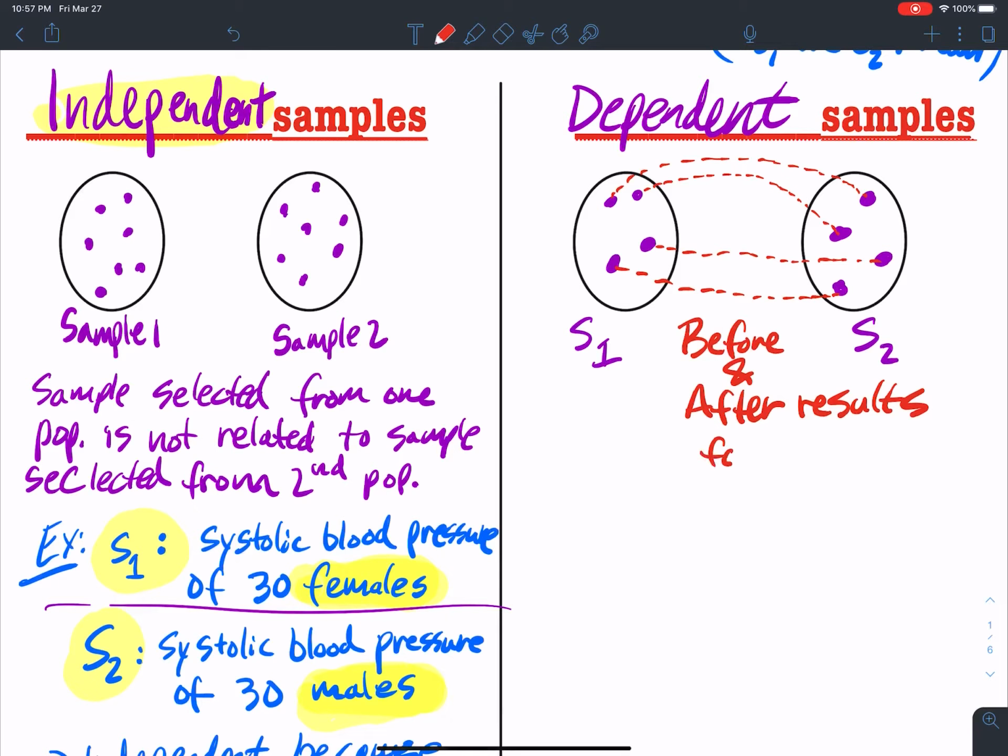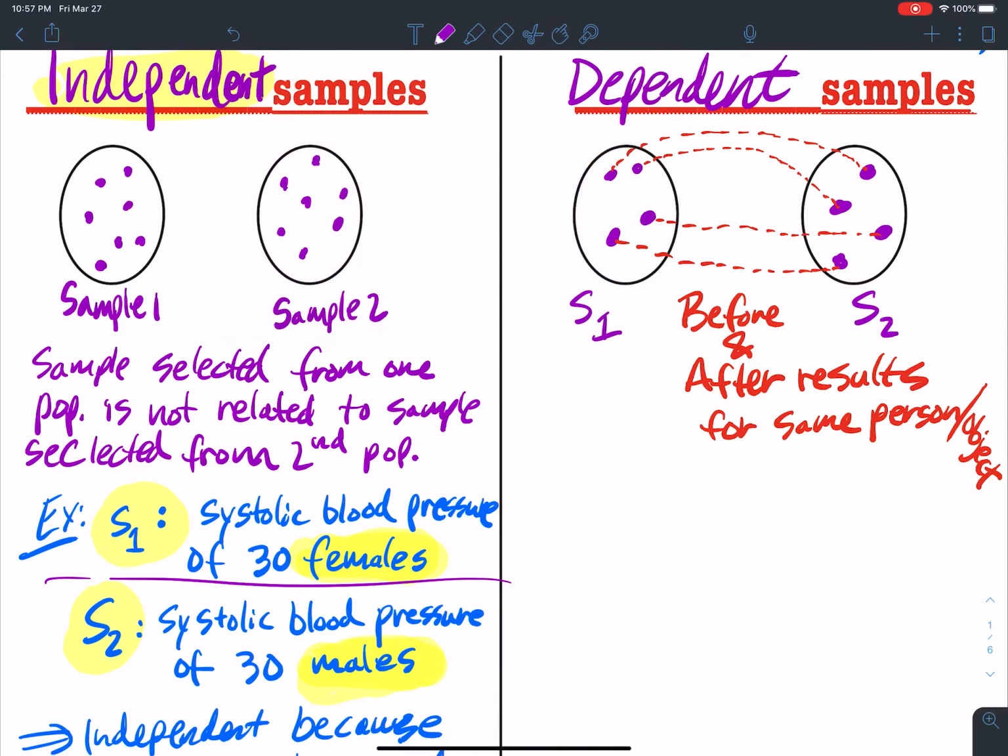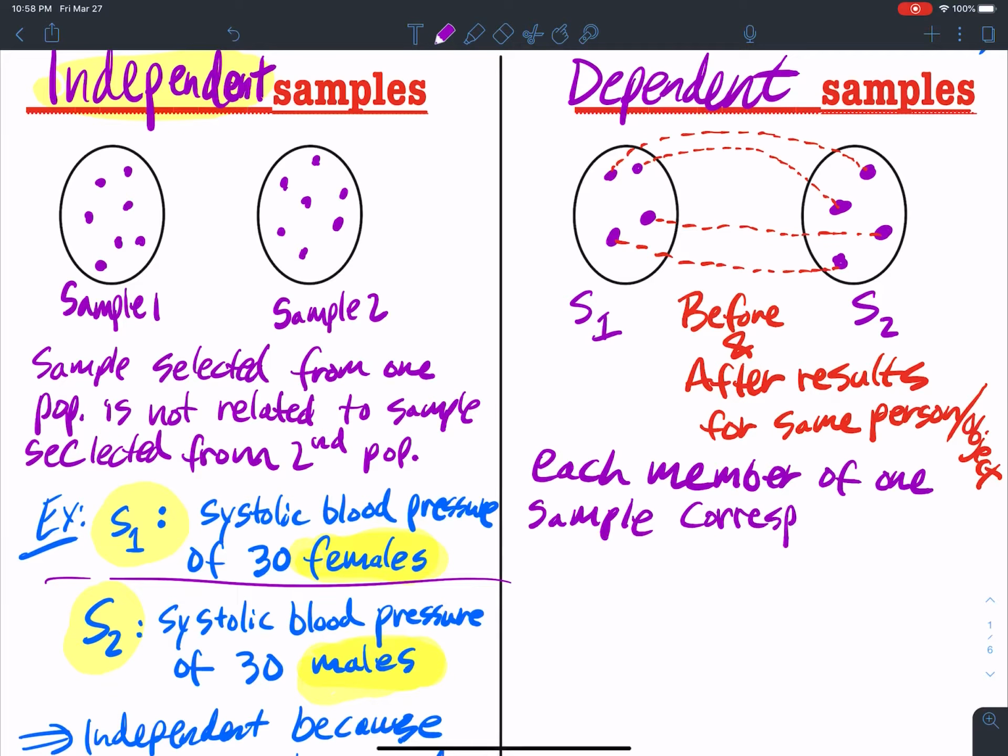Typically it's for the same person or object. Okay? So just to give you a formal definition like we did for independent, each member of one sample corresponds to a member of the other sample. What does it mean to correspond?